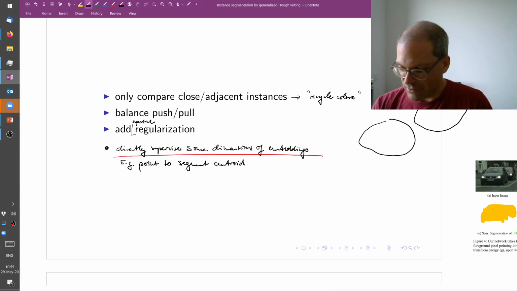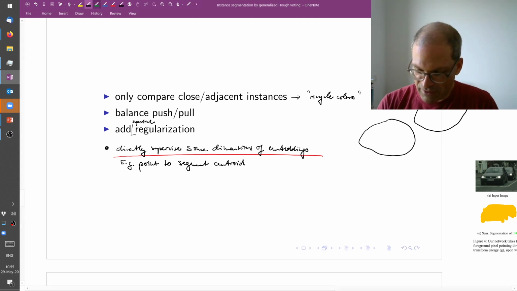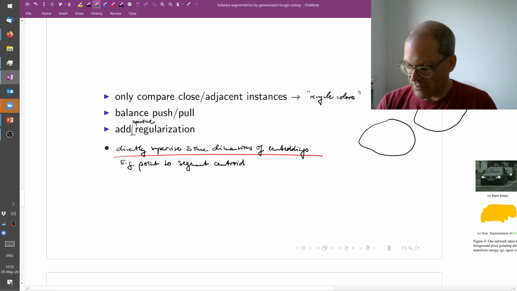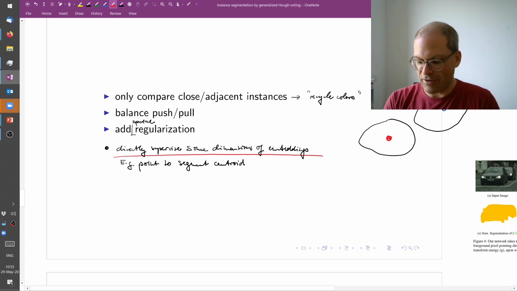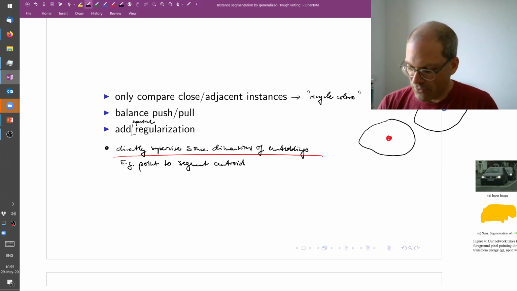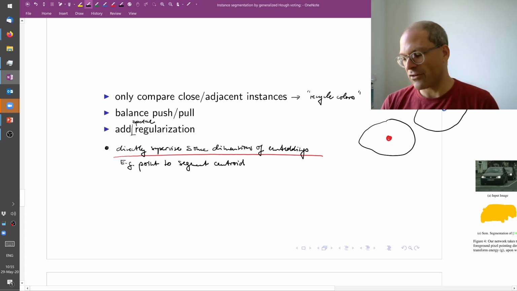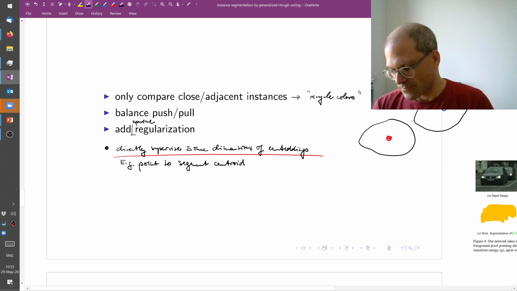But you could also, from this ground truth, compute what are the respective centers of the instances. And then you could train, so for example, if we have a 16-dimensional embedding vector, you could use 2 of these dimensions to always estimate where the center of that instance is.